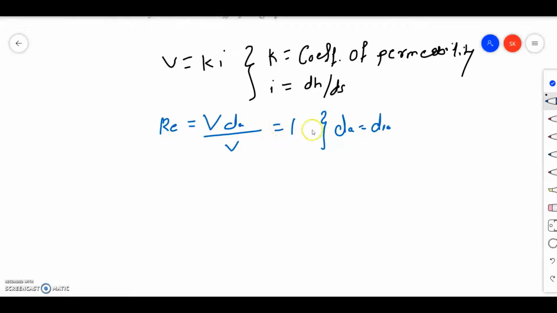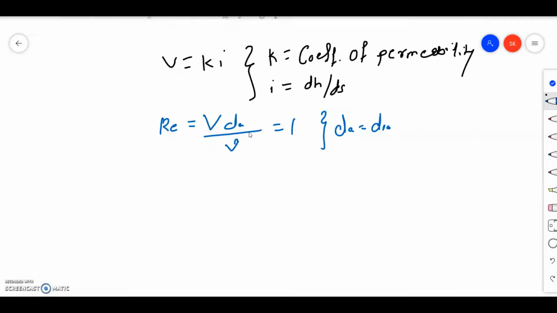This V is the apparent velocity, and there should be a difference between this V and that V. Here the other one is the kinematic viscosity. So I will write the same V in a different way, so that we can recognize the difference between the kinematic viscosity and the regular velocity which I have mentioned over here.